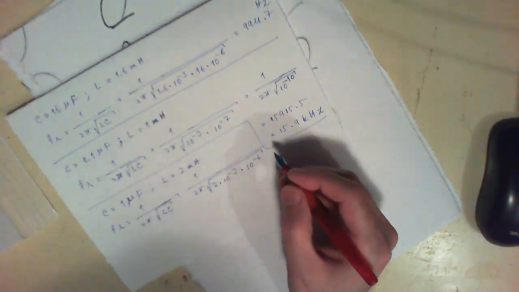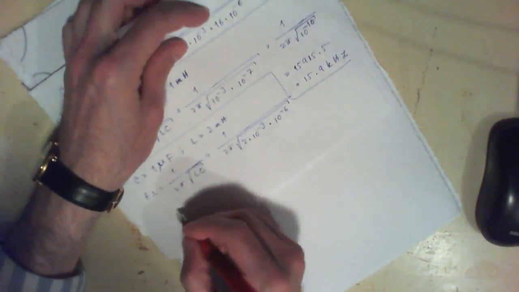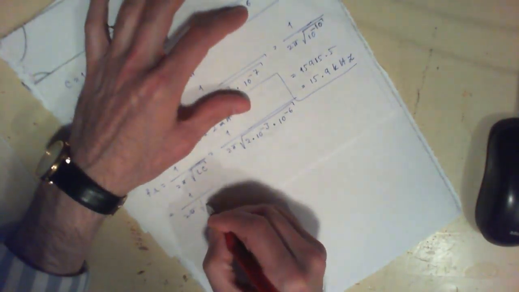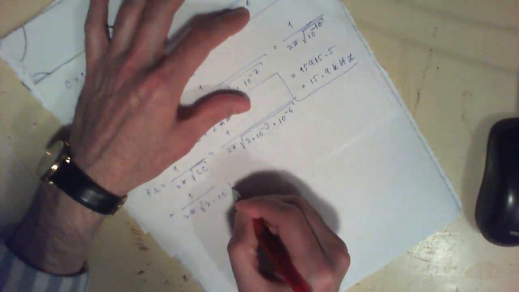That's the same thing as 1 over 2 pi the square root of 2 into 10 raised to the power negative 9.